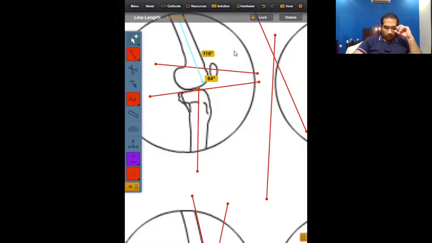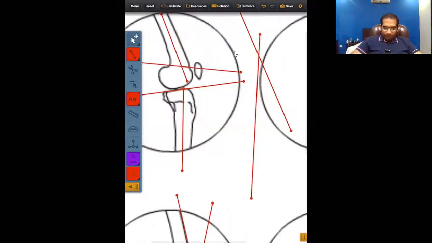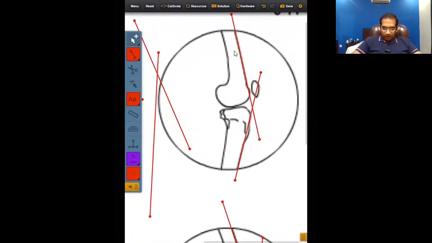So we can see from here that 20 degrees of the flexion attitude is because of bony deformity, while the 6 degrees is because of soft tissue contracture. Let us discuss this scenario.